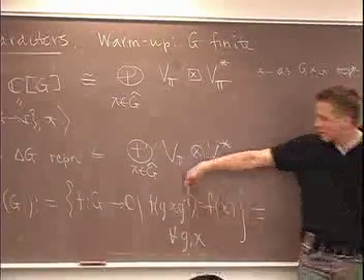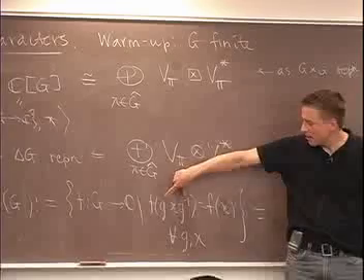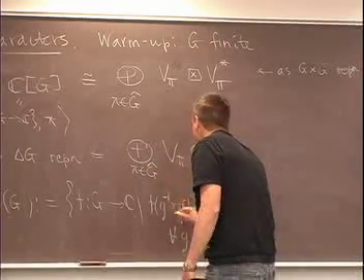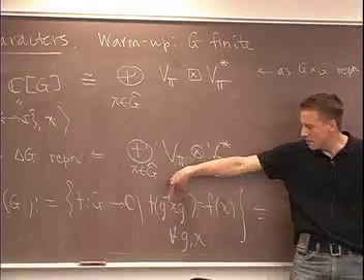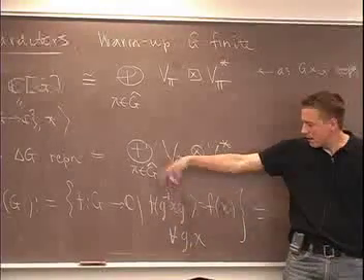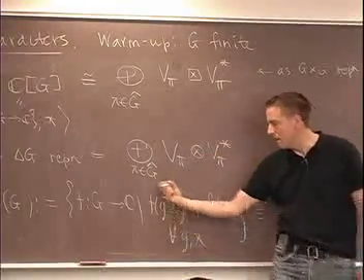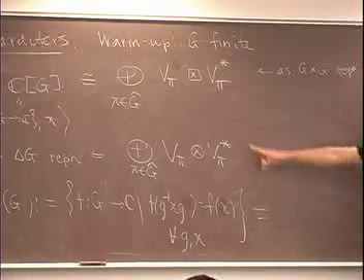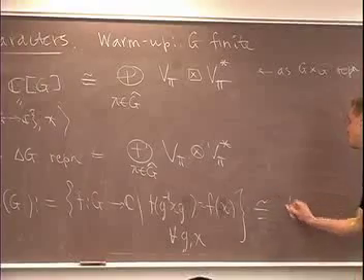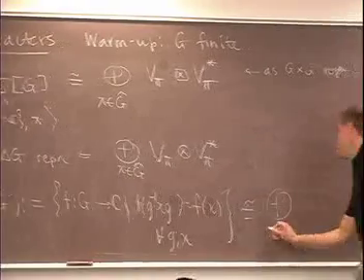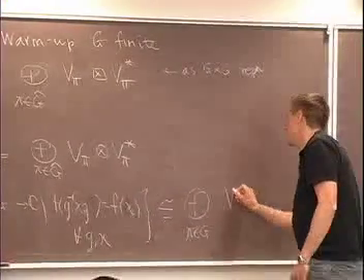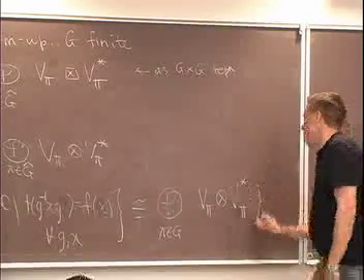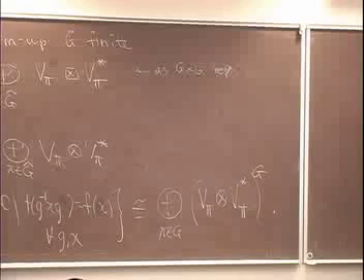The conjugation action was exactly the diagonal of the left action. Maybe it's a little bit more transparent if I put the inverse here, because that's usually where we've been writing the inverse. So if I have something that's invariant under the diagonal left and right action, that means it's conjugation invariant. So we just deduce that this is isomorphic as a direct sum of the G invariance, the diagonal G invariance in the external tensor product, or the G invariance in the internal tensor product.